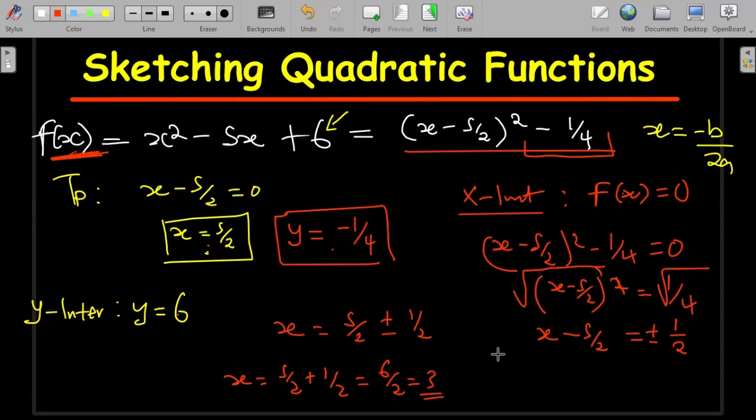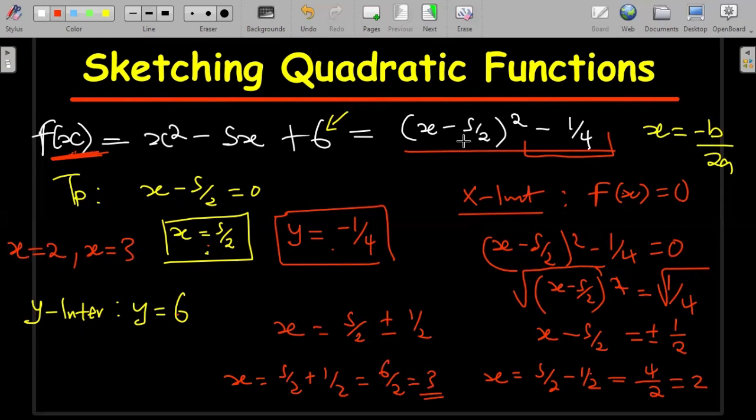If we get the minus, x is equal to 5 over 2 minus 1 over 2, which is 5 minus 1, 4 over 2, which is 2. So you see that even the completed the square form gives our x-intercepts as x equals 2 and x equals 3.